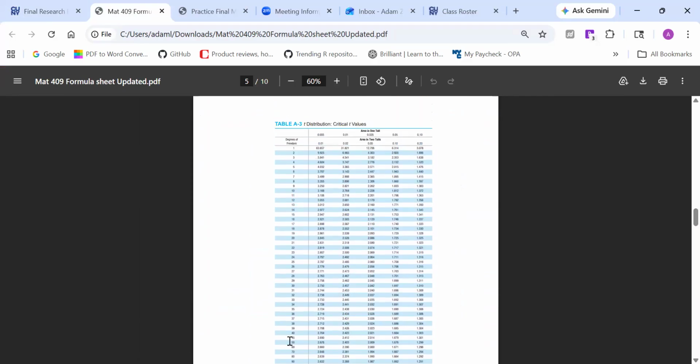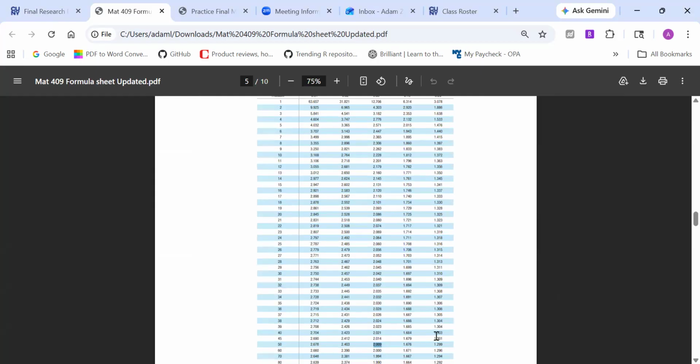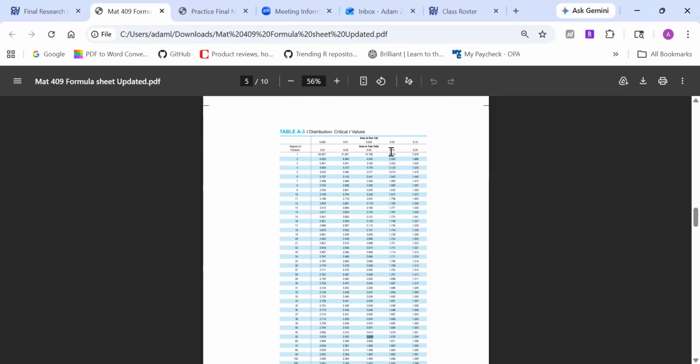In this case, 50 and then area in two tails, which turned out to be 0.05. And we have an intercept here, 2.009. That's the number we're looking for, right here. Since there's no exact 49 there, it's 2.009.